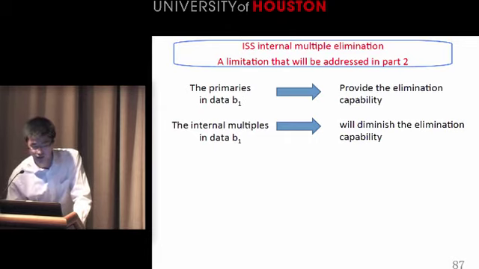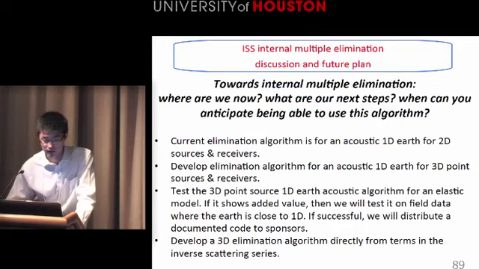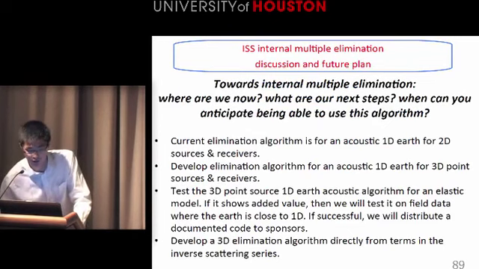And this is the limitation of this elimination algorithm. And I will propose a modified strategy to deal with this limitation in my second part. And here is our plan for developing the internal multiple elimination algorithm.